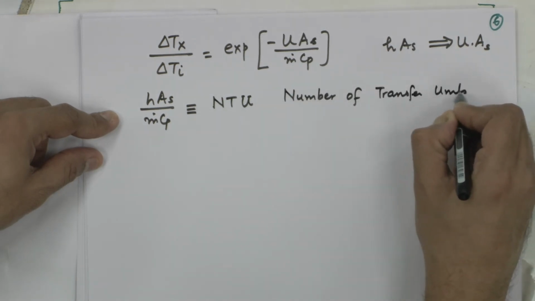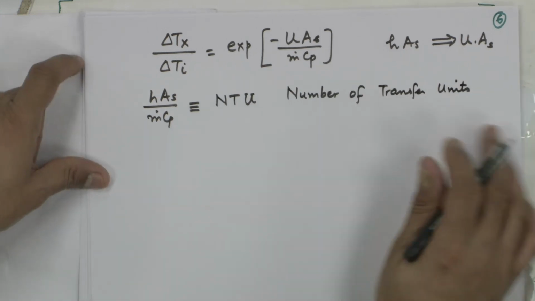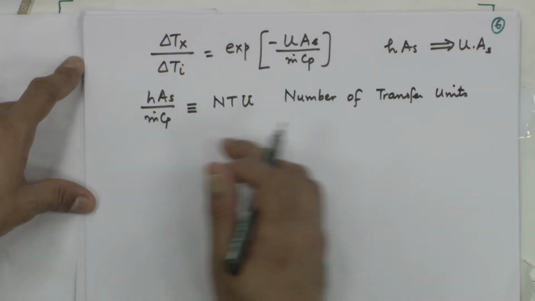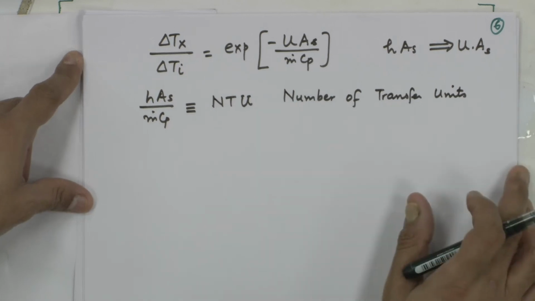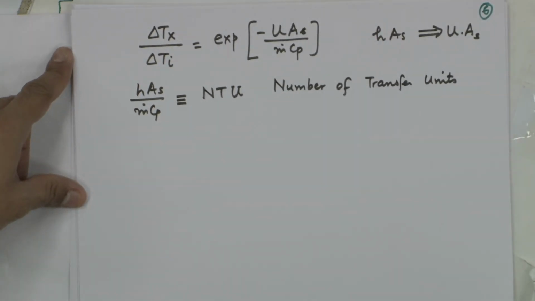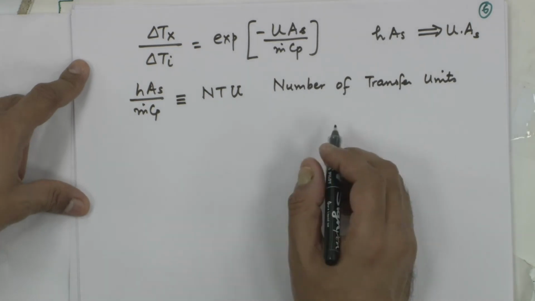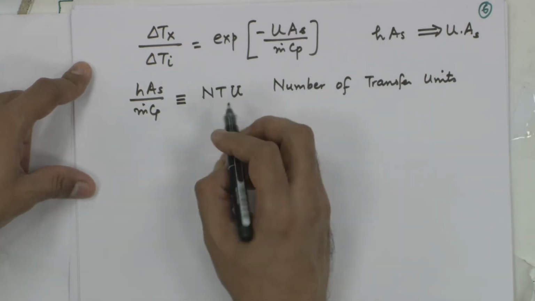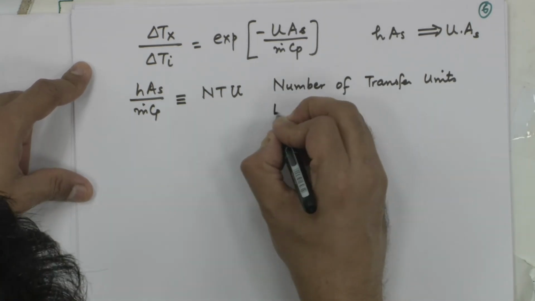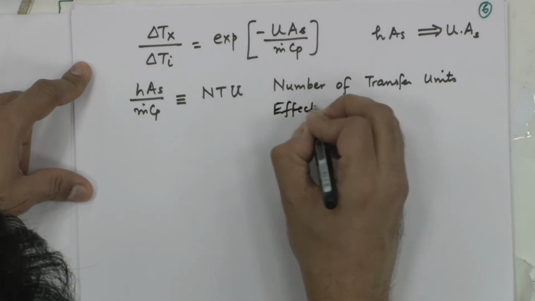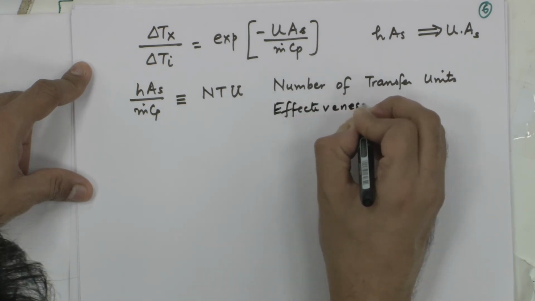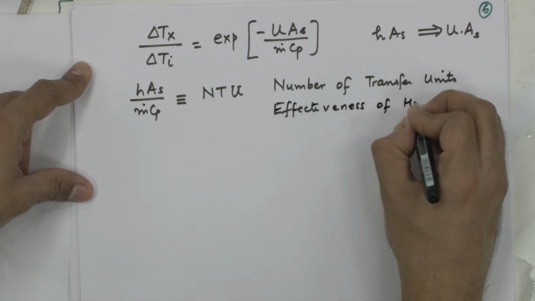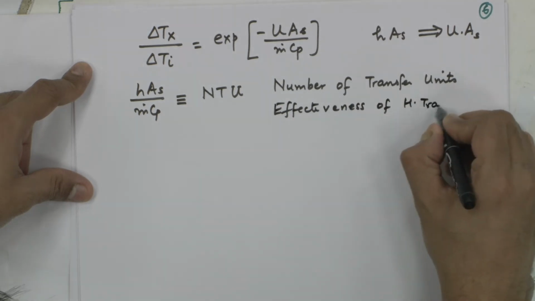It represents basically area and the effect of the heat exchange that is going to happen because of each additional incremental length that is added. So, NTU, a dimensionless parameter, is basically a measure of effectiveness of the heat exchanger, effectiveness of heat transfer. Okay.